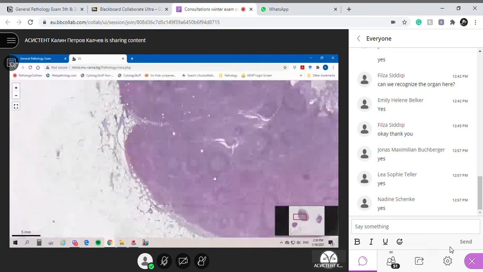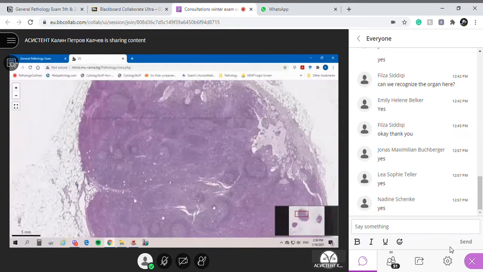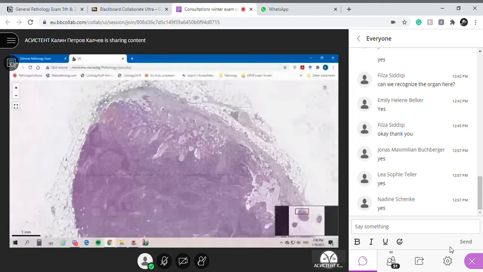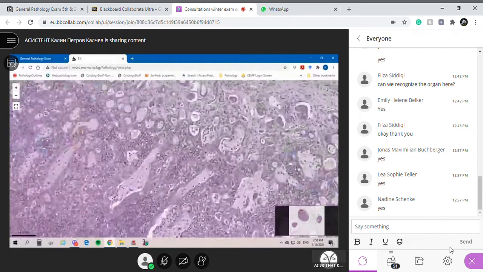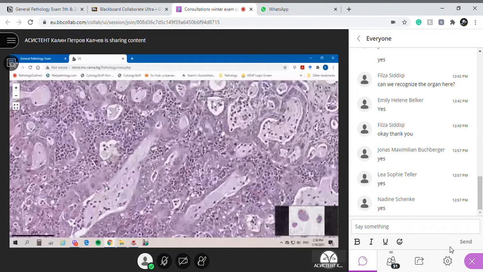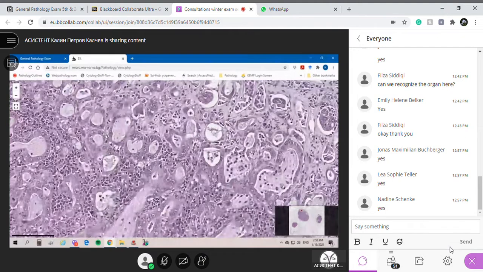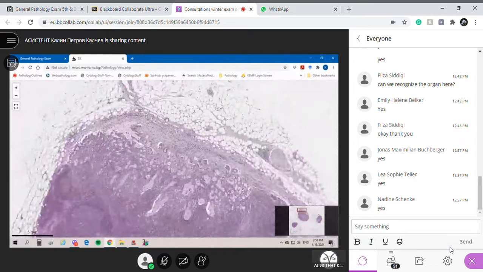And in lymph nodes, there should be only lymph tissue. But look at the periphery of this lymph node. Here we have glandular structures. And you can tell that this is a malignant tumor because we have cells with high nuclear cytoplasmic ratio. And anyway, glands should not be in lymph nodes.